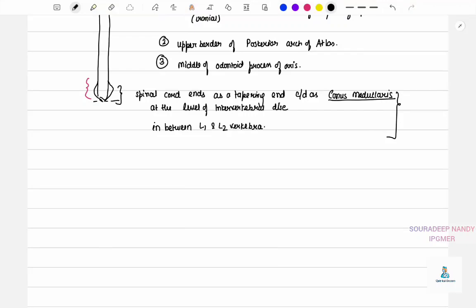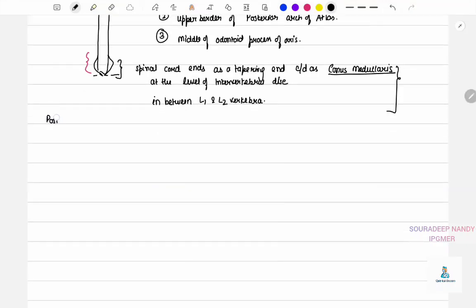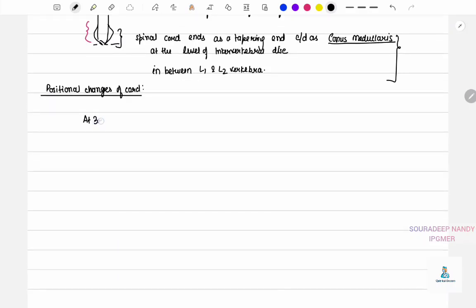Now let us discuss the positional changes of the spinal cord. At the third month of intrauterine life, the spinal cord extends up to the first coccyx vertebra. Then gradually vertebral growth is faster than spinal cord growth.